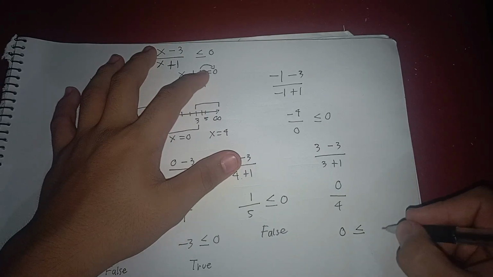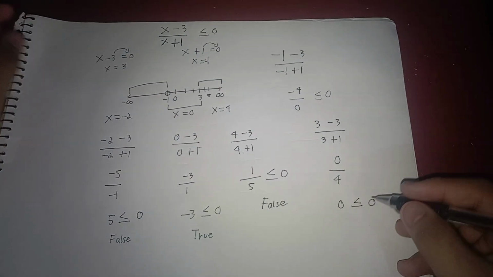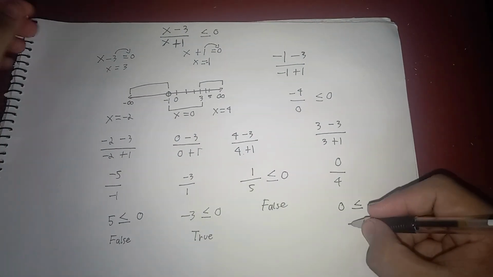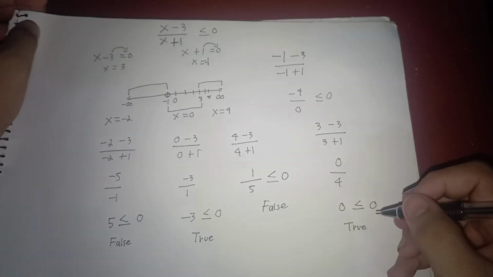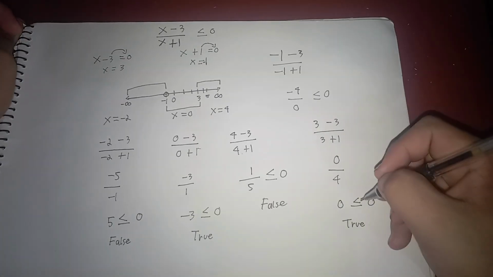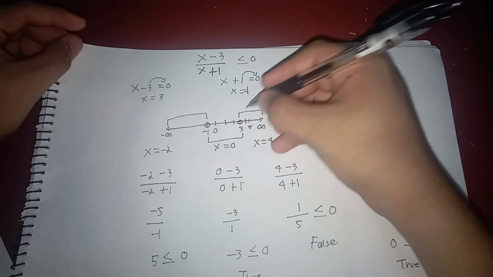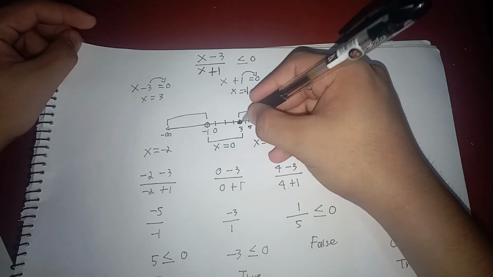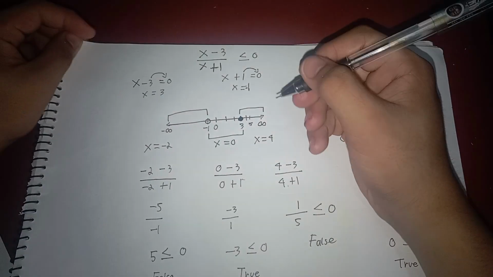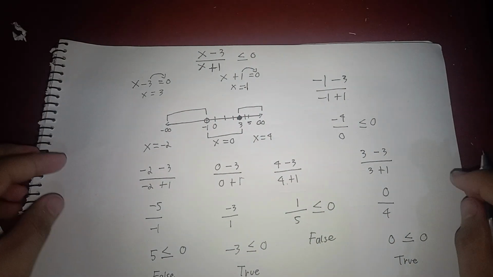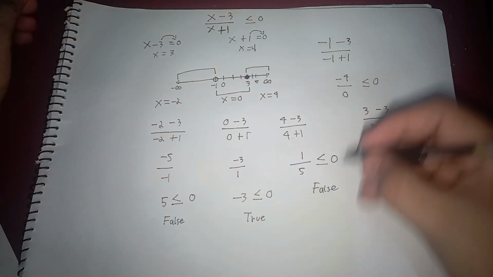Is 0 equal to or less than 0? This is true. So this makes it included in the line. So what we're gonna do is draw a solid circle on its line, not a hollow one, just like that. That's how you find if it's excluded or included.